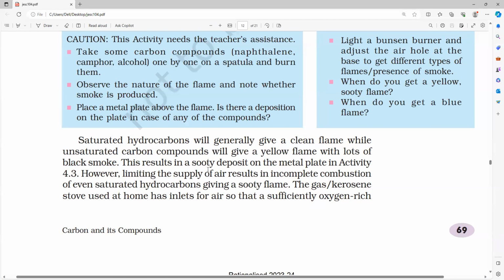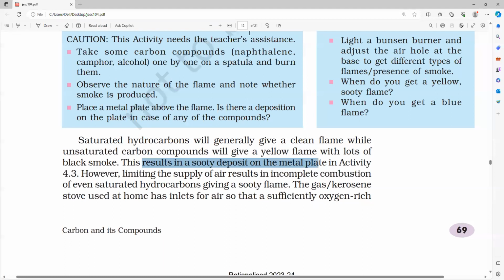So it will come with a blue flame. The yellow flame has a lot of unburnt carbon, which is why black smoke comes, the soot particles. But remember, unsaturated hydrocarbons also burn in pure oxygen.